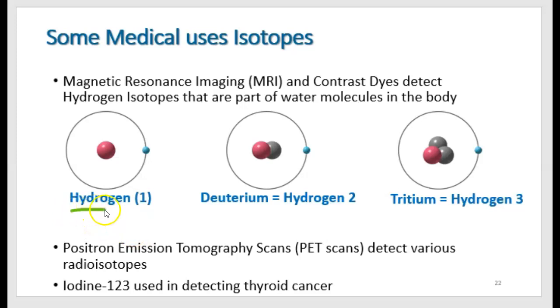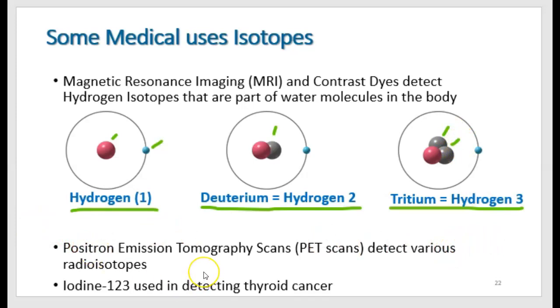We can have the normal hydrogen that we usually talk about that has one electron and one proton but no neutrons. Or there's a hydrogen isotope called deuterium, or hydrogen 2, which does have a neutron, so it's a little heavier. And then tritium also has 2 neutrons, so it's even heavier.